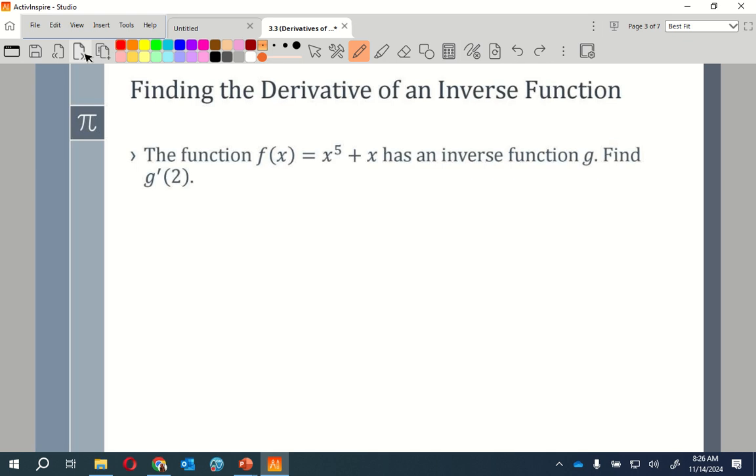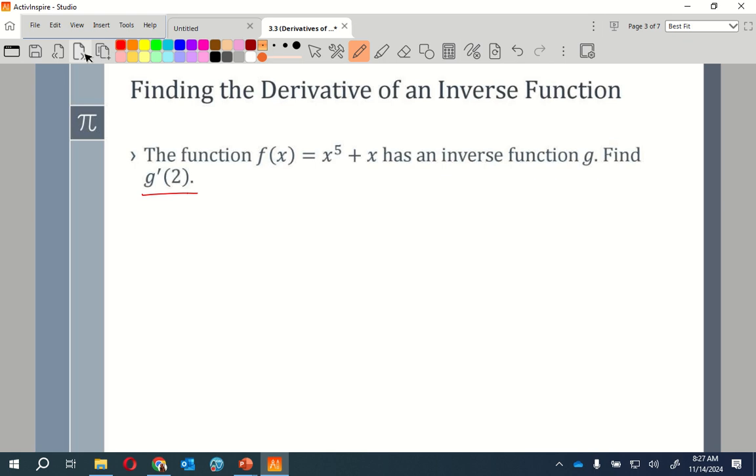It says the function f of x is equal to x to the fifth plus x has an inverse function g. Find g prime of 2. So that means I need to find the derivative of g at 2. Now, if it's its inverse, what do we know? If I'm trying to find g prime of 2, what does that 2 really mean?